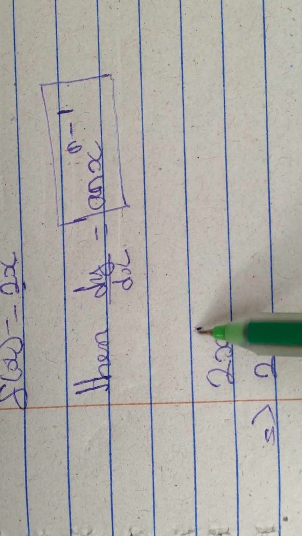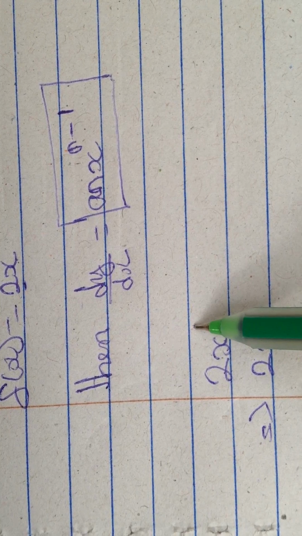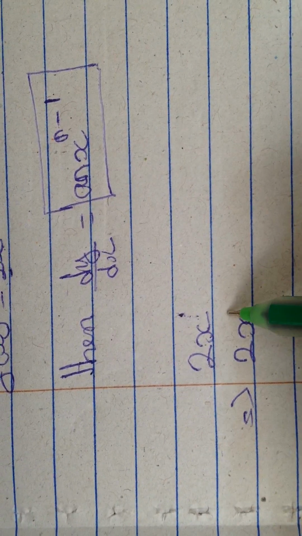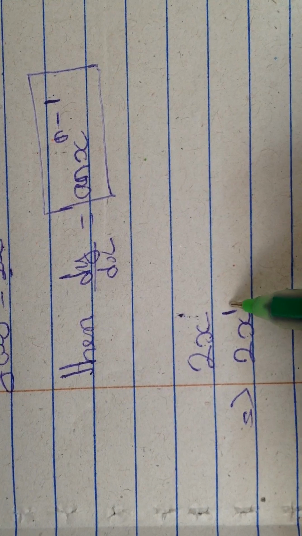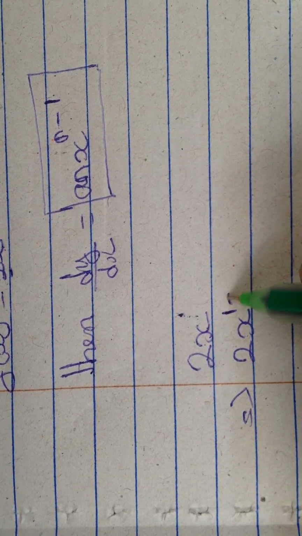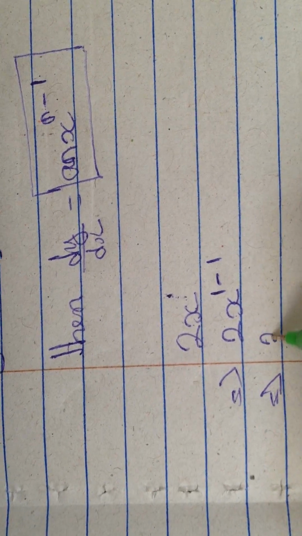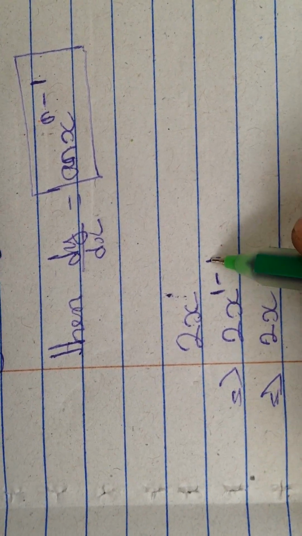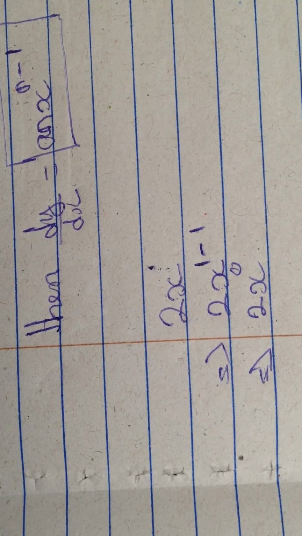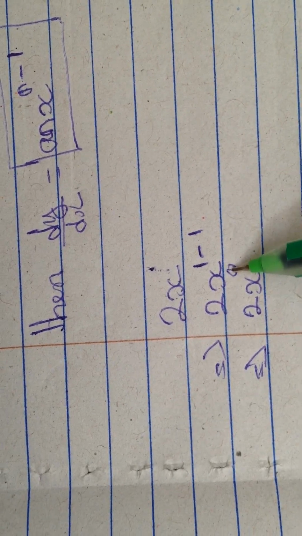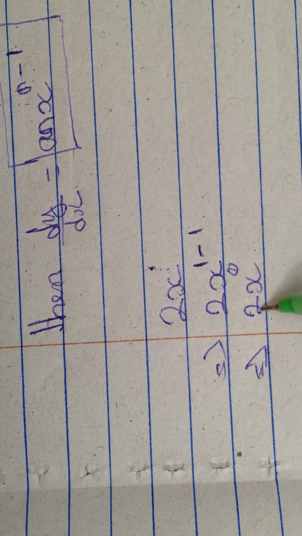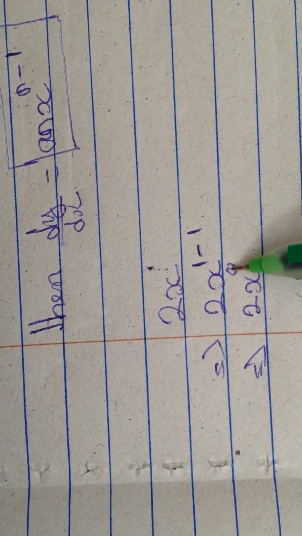So the power of 1 that we have, we subtract 1. What is 1 minus 1? 0. Remember that x is the one carrying the 0, not 2.